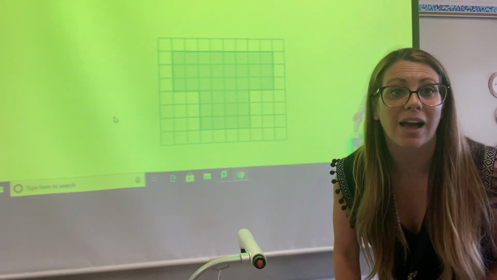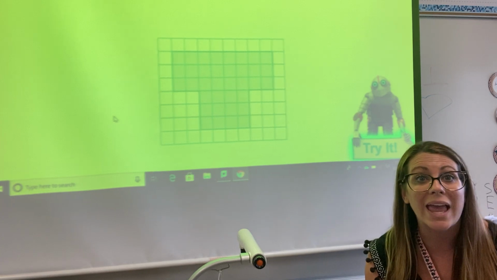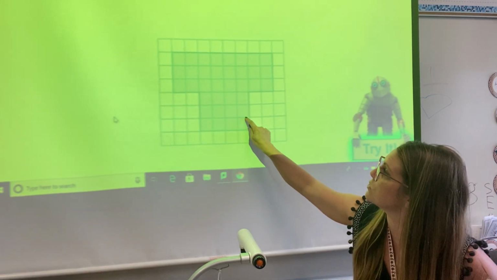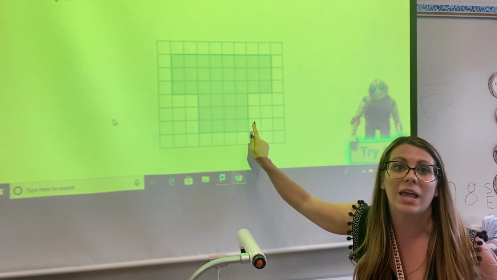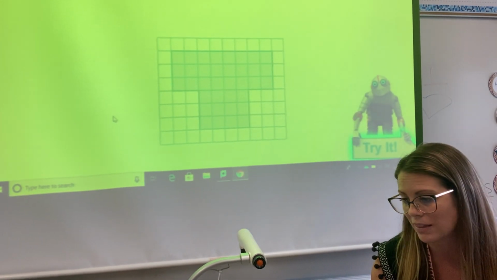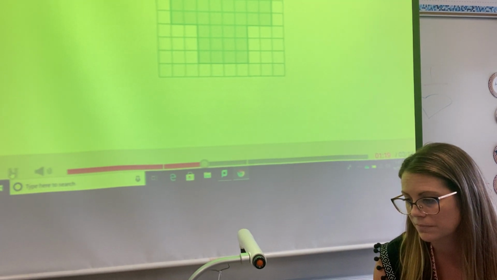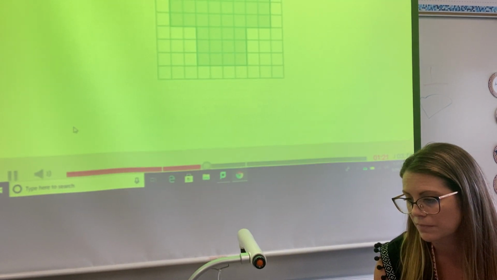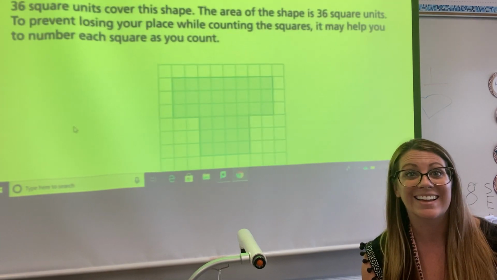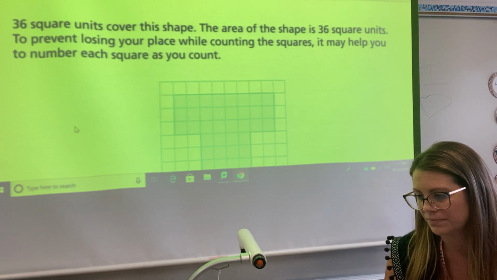So the area, do you agree with me, is 36 square units because we used 36 of these squares to cover the surface to find the area. Let's see if we're right. 36 square units cover this shape. Yes. The area of the shape is 36 square units.